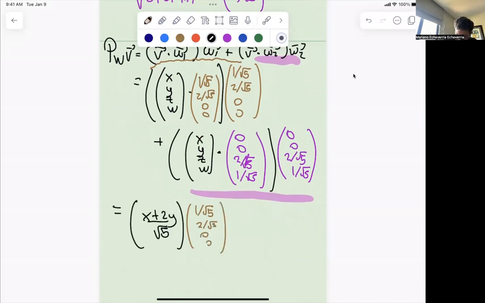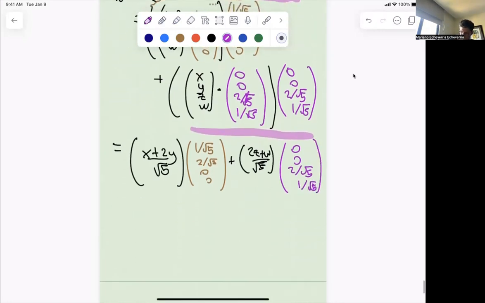The other term is (2z plus w)/√5 times W2.